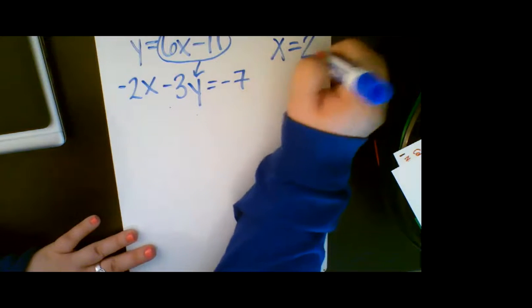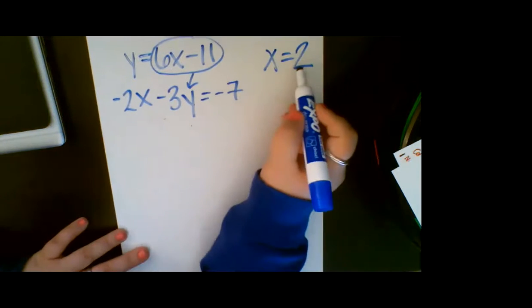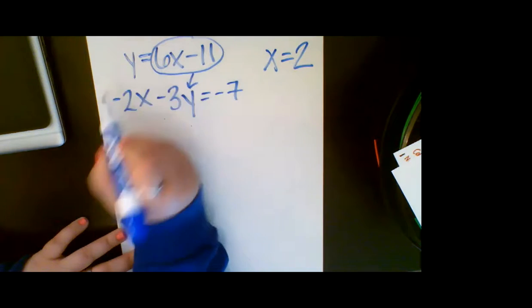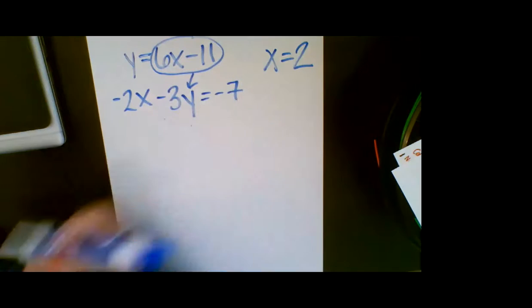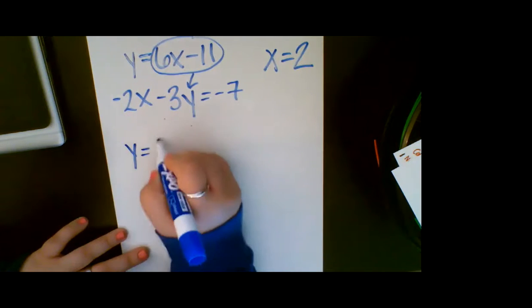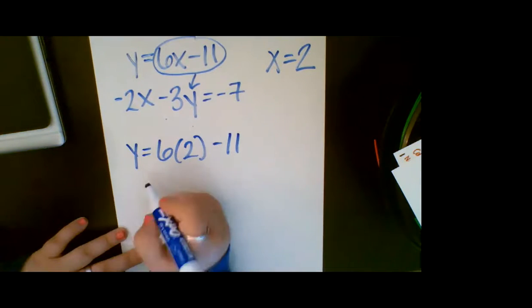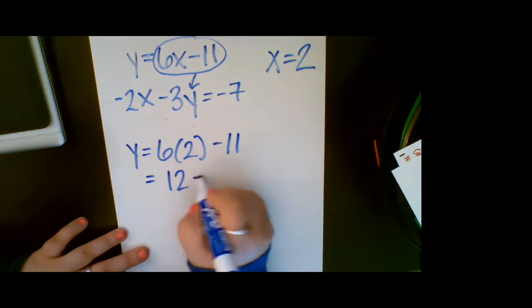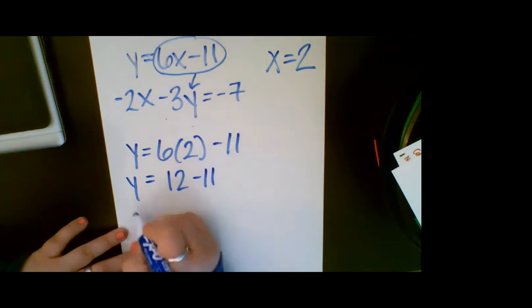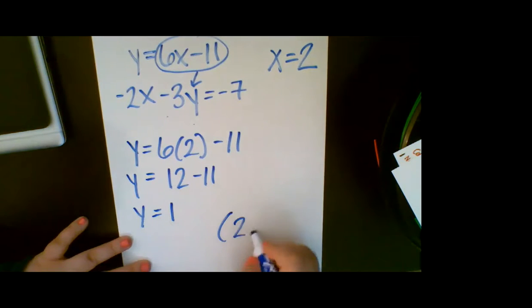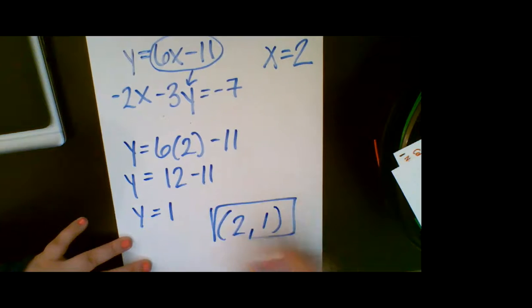We're going to take 2 and plug it into either one of these equations. I'm going to pick the first one because it's simpler, but you could pick either one. So y equals 6 times 2 minus 11. 6 times 2 is 12. So y equals 1. So my answer is 2, 1.